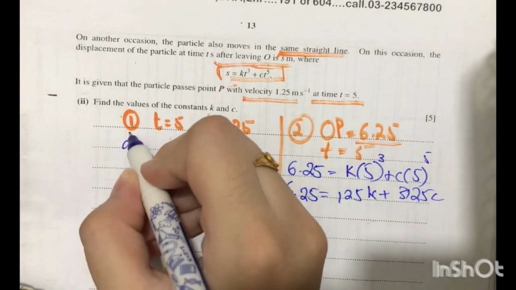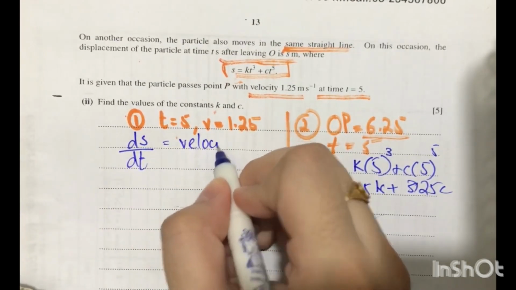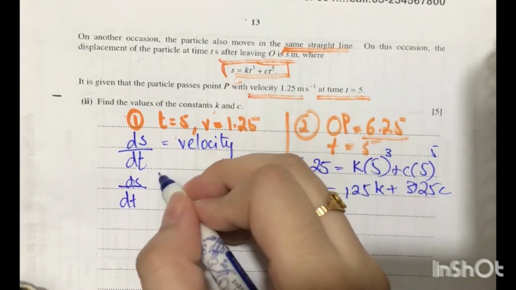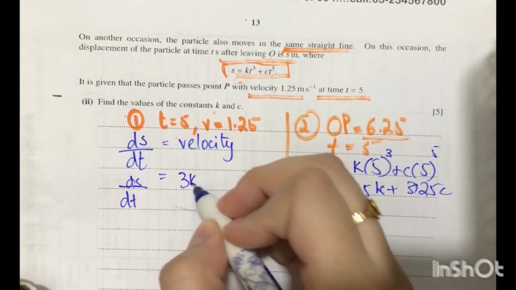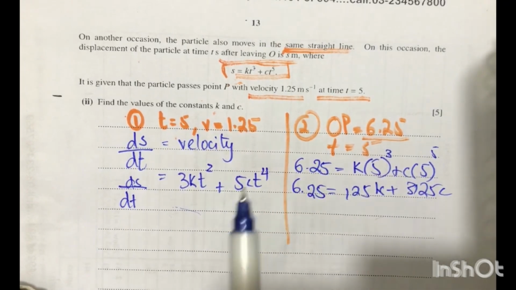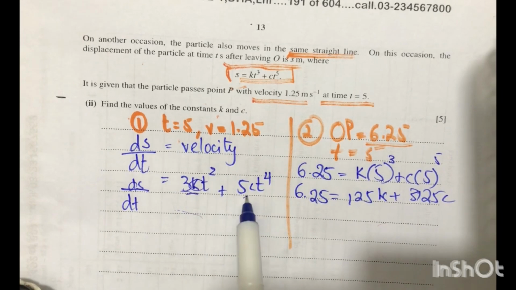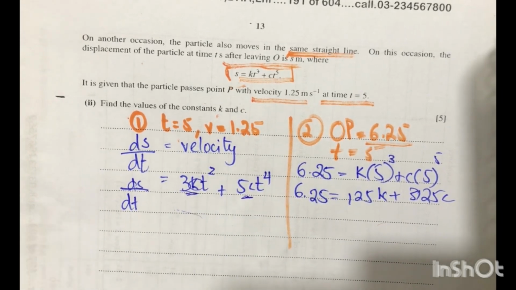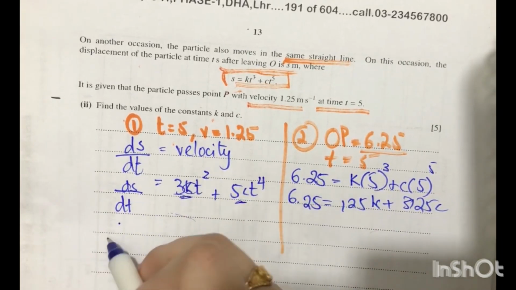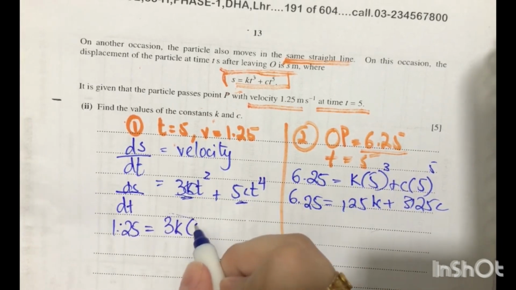And we all know that when we differentiate displacement, we get velocity. So when we differentiate this, we will get 3k t square plus 5c t raised to power 4. Since k and c are constants, we will multiply it. The constants will not go away. So in place of velocity, we will add 1.25, and then for time we will add 5.